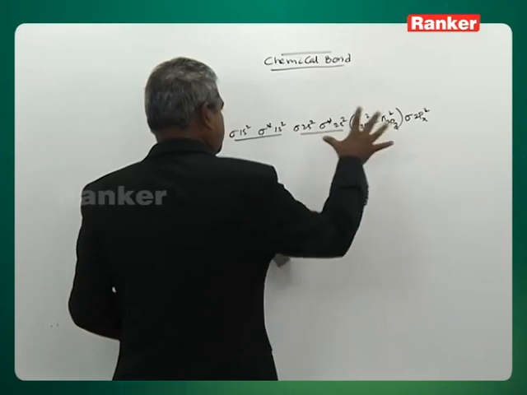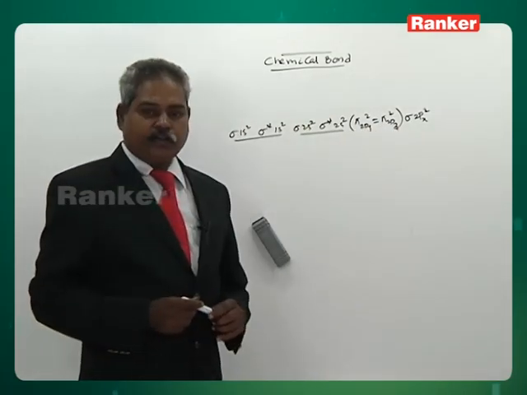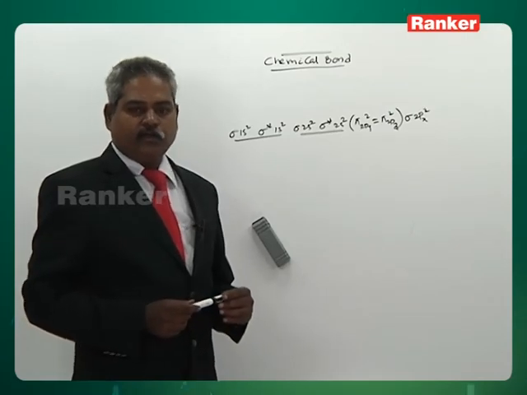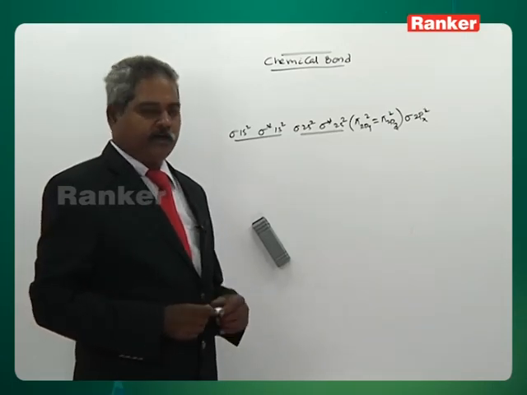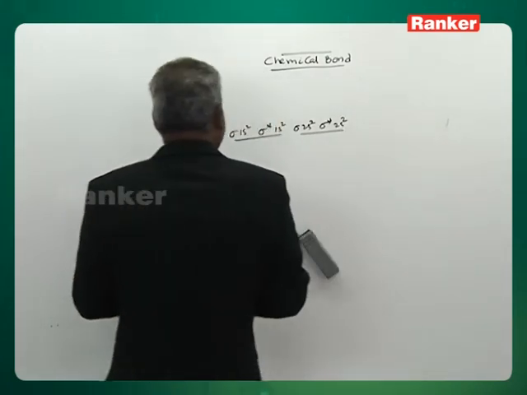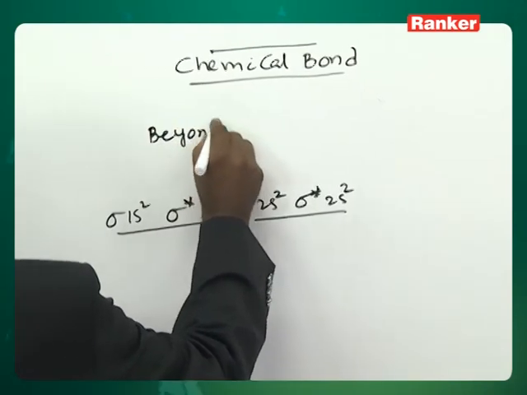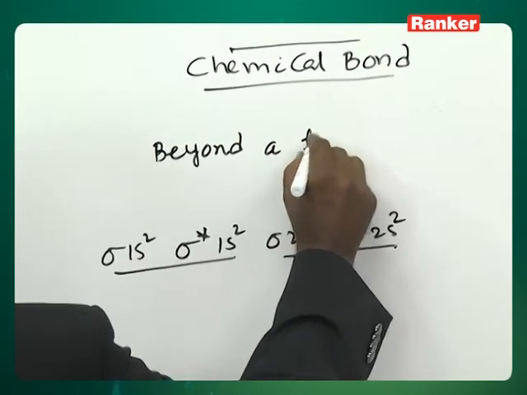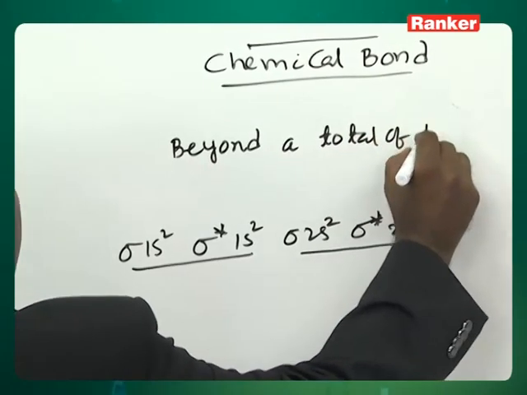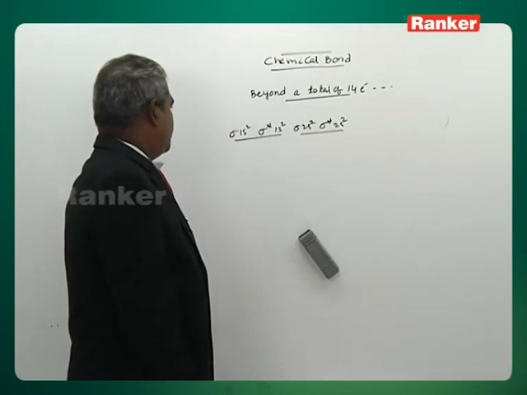So, since this is the electronic configuration of nitrogen, and beyond nitrogen, up to 8 electrons, it is the same, sigma, sigma, everything. After 8, beyond a total of 14 electrons, this is the configuration.